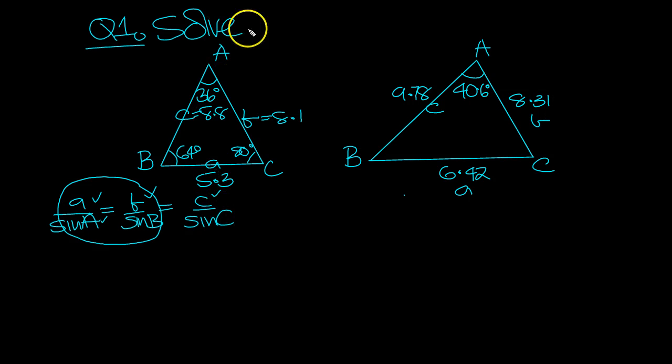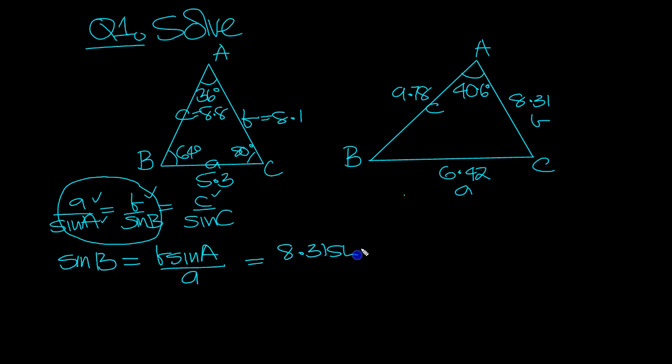Okay, so sine B, I'm going to move that up there. Sine B is equal to, and I'm going to move that up there, B sine A. And then move that back down to divide over A. B is 8.31. Sine of 40.6, which I think I've got in the calculator, over 6.42.